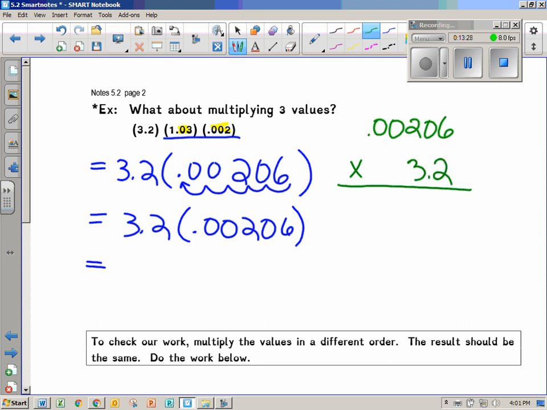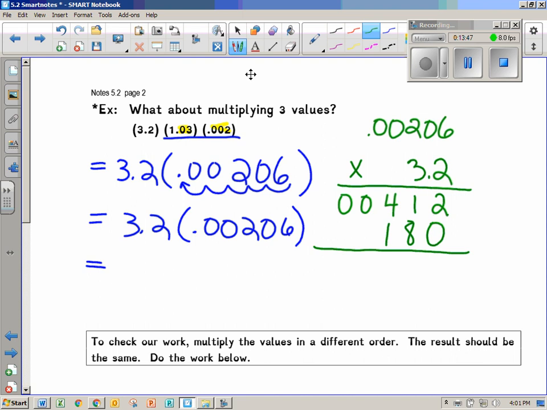All right, so 2 times 6 is 12. Carry the 1, 1. 2 times 2 is 4. And then, of course, 2 times 0 is just 0. Your filler spot, 3 times 6 is 18.